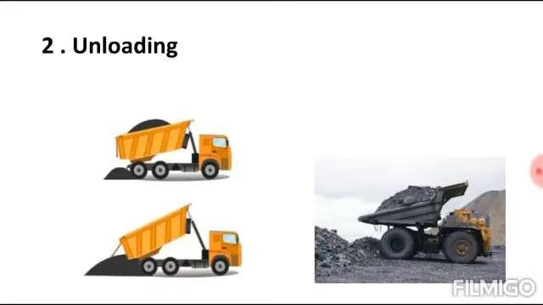If the coal is delivered by ships, then different equipment is required, like coal towers, unloading bridges, coal accelerators, portable conveyors, and self-unloading boats. And if the coal is delivered by rail, then equipment like grab buckets, coal accelerators, and closed wagons is required. So unloading depends on the delivery of the coal.